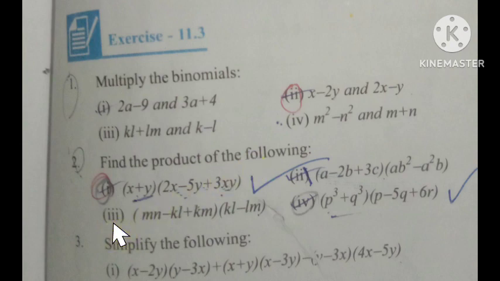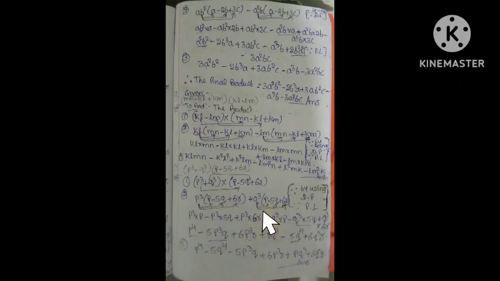First I will read the problem in your textbook only. Third problem: (mn - kl + km) into (kl - lm). This is the problem. First I explain this problem. These two polynomials are given.